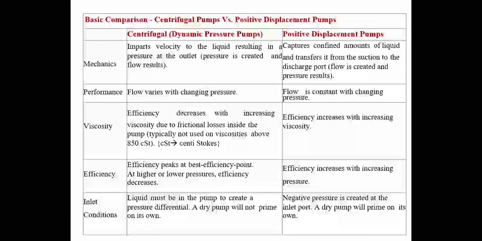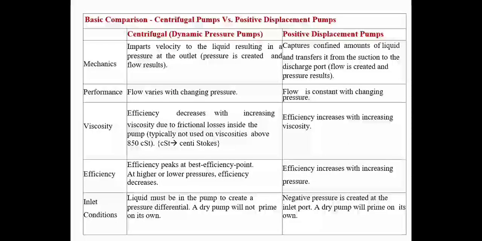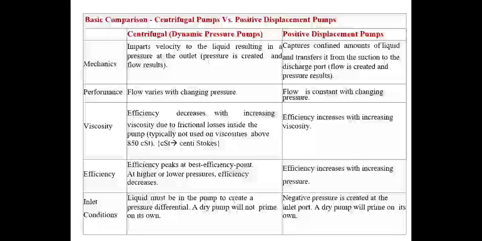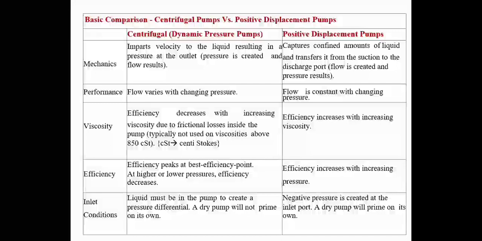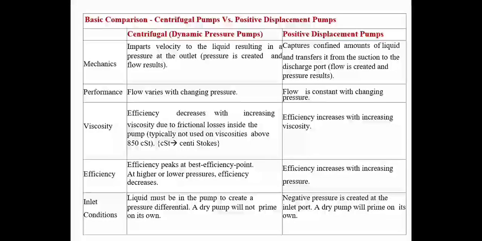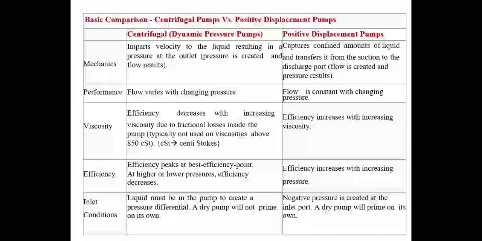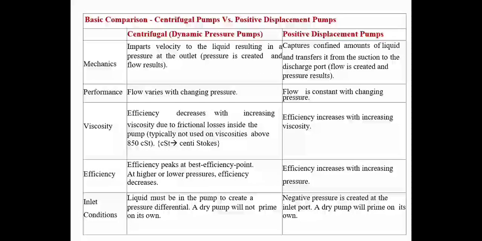As we have discussed earlier, the centrifugal pump is a category of dynamic pressure pumps or variable displacement pumps. Why we are taking this comparison is that centrifugal pumps are the most important pumps used for irrigation purposes. So we have to compare its properties with a positive displacement pump. That's why we are taking this comparison.